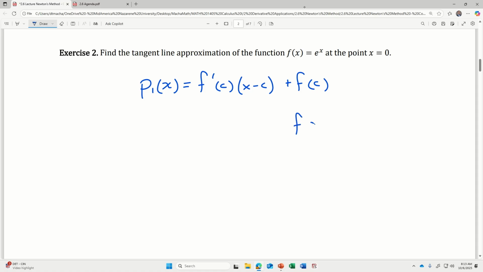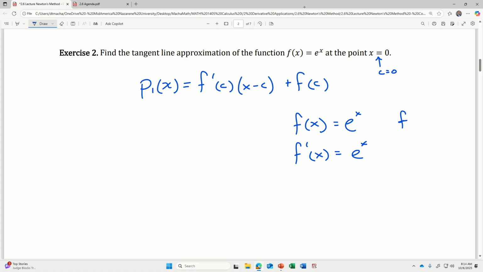And since I know f of x is e to the x, what is f prime of x? E to the x. That's nice. I'm going to need f of c, where this time c is equal to 0, the center of my approximation. The point where my tangent line intersects my curve is supposed to be the point x equals 0.